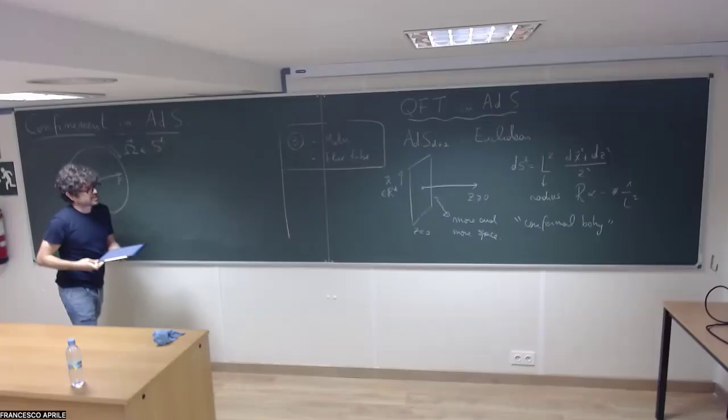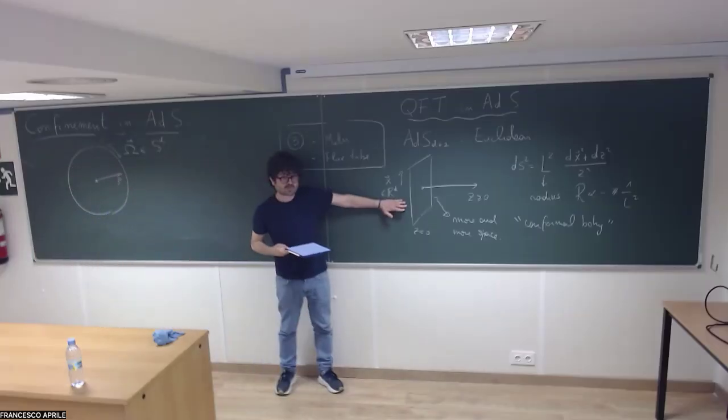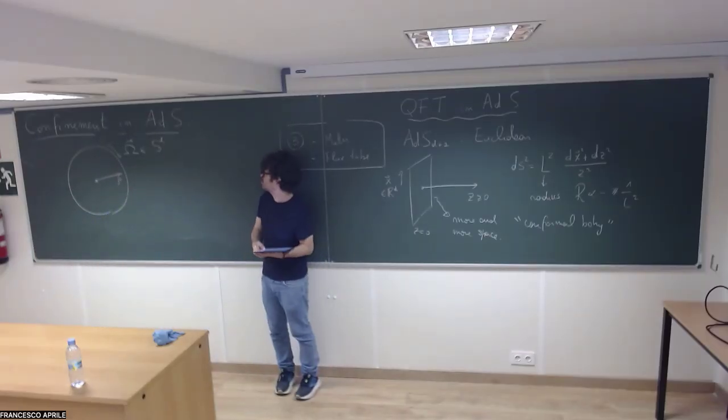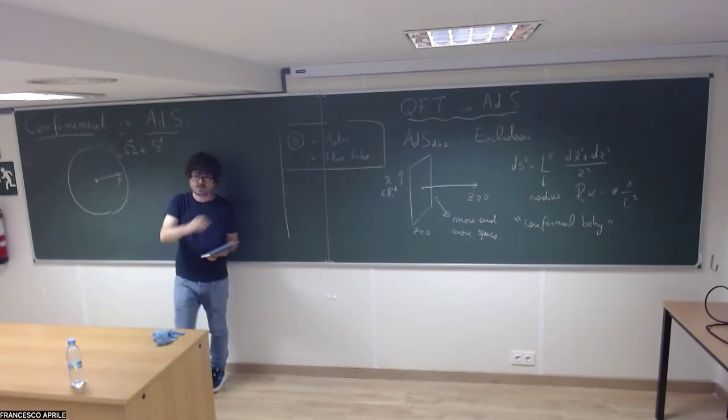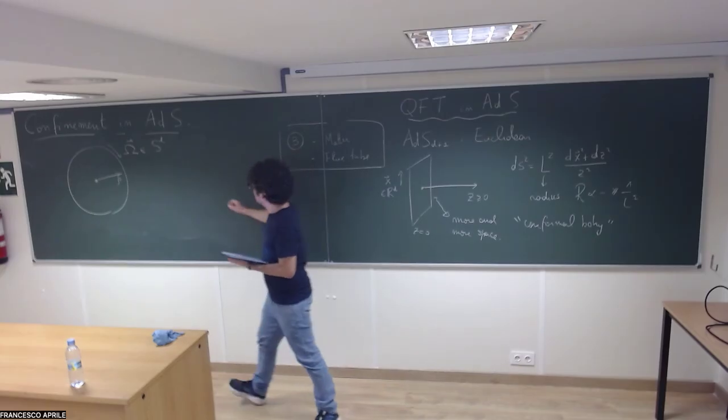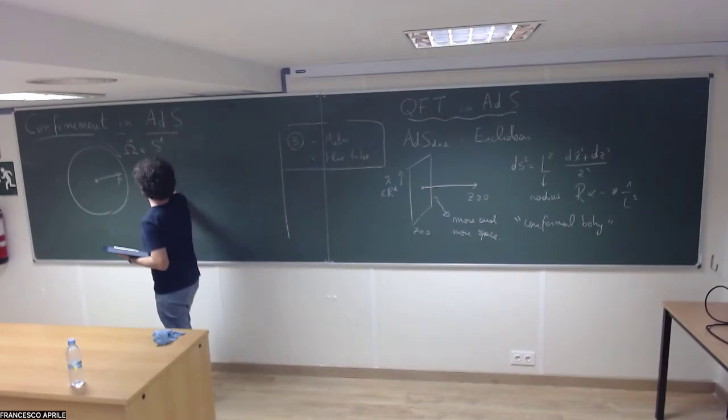As I said before, since we only specify the conformal structure of the boundary, it's possible to go to another set of coordinates in which the boundary looks like a sphere instead of a vector space. And in these coordinates, it looks like this.